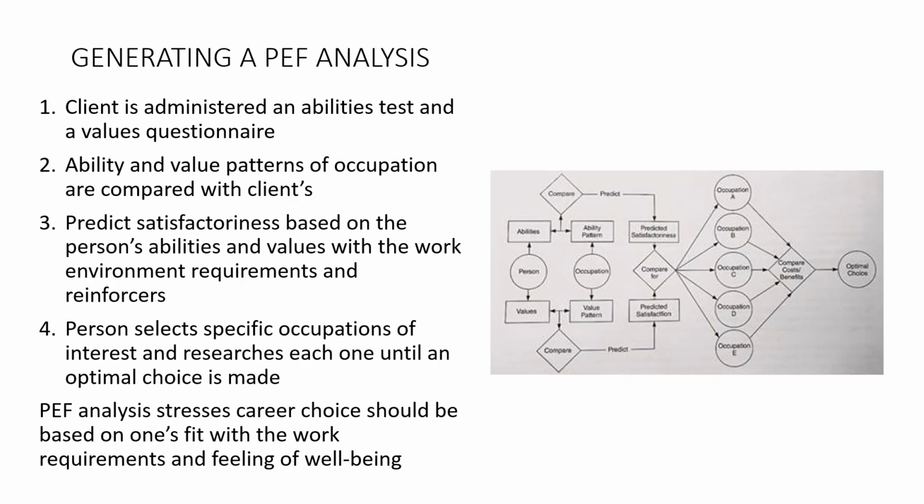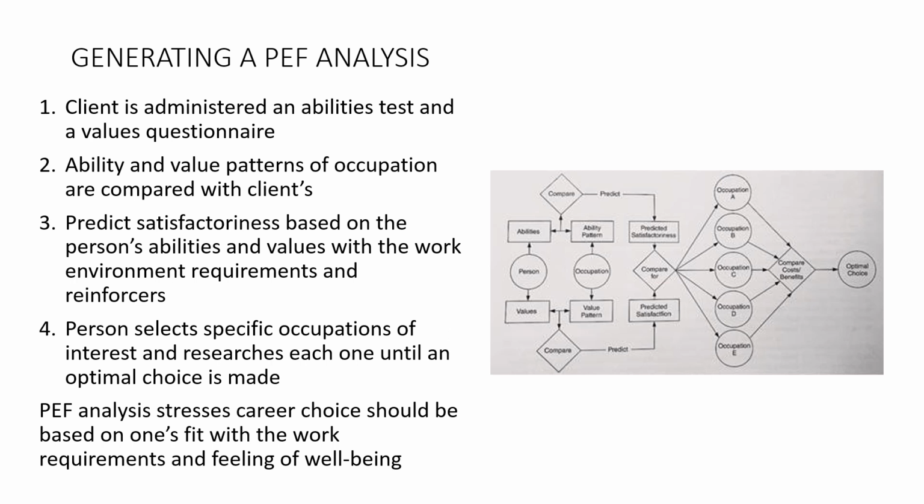So what we were talking about before, generating a PEF analysis, this is actually the chart that you see here, or the flow chart, and then a description. First, the client is administered an abilities test and a value questionnaire. Then the abilities and value patterns of occupations are compared with the client's. 3, predict satisfactoriness based on the person's abilities and values and the work environment requirements and reinforcers.